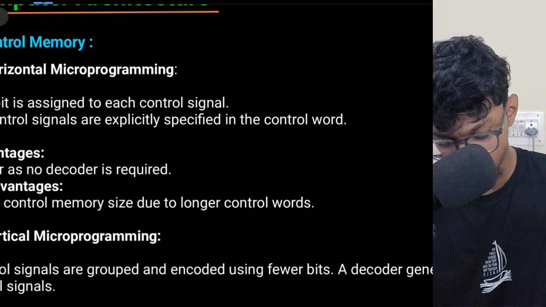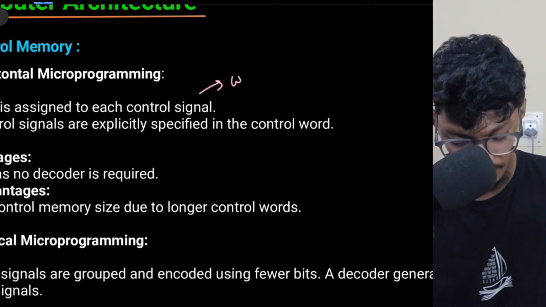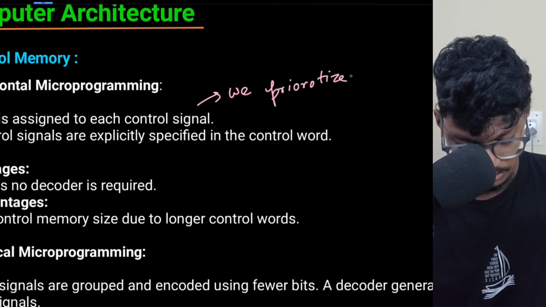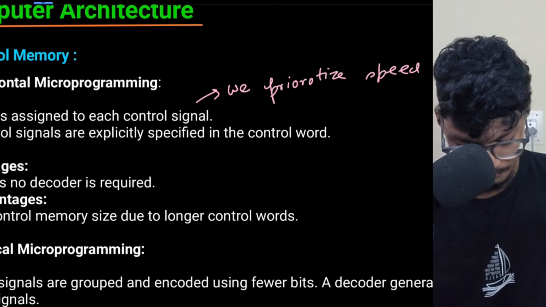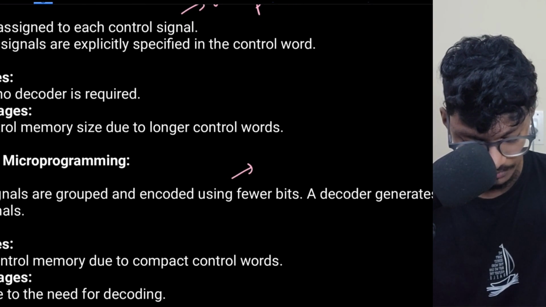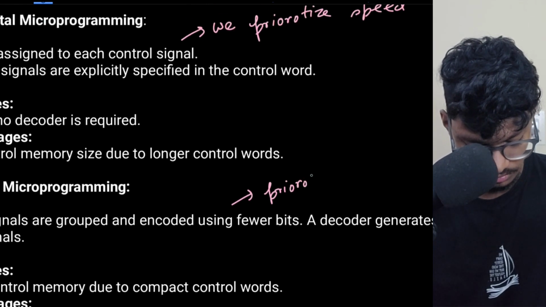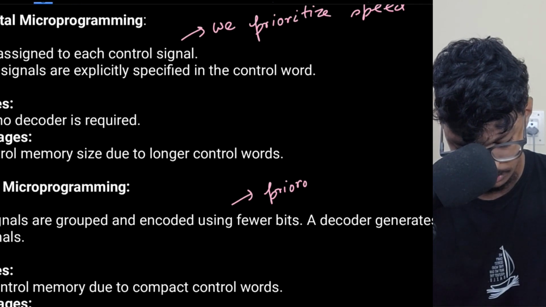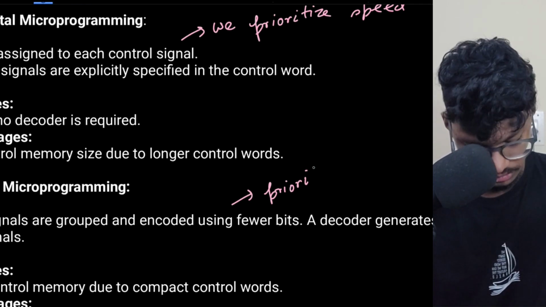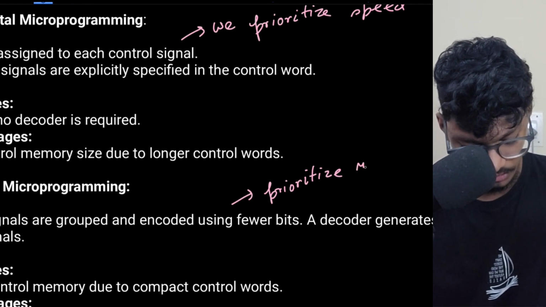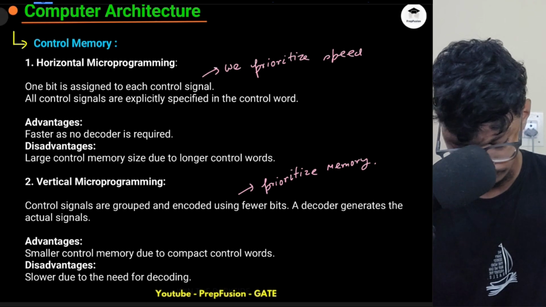We will use horizontal microprogramming when we prioritize speed, and we will use vertical microprogramming when we prioritize memory. We don't have much storage.